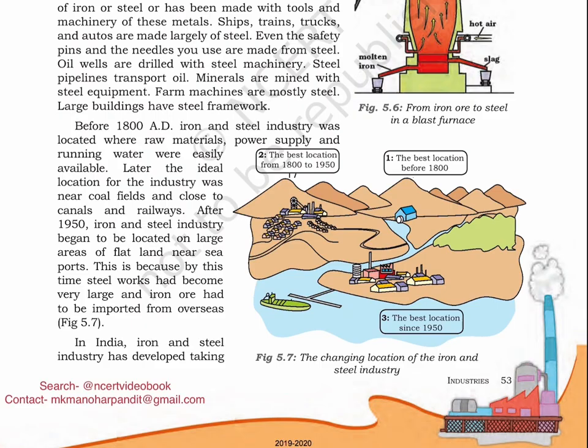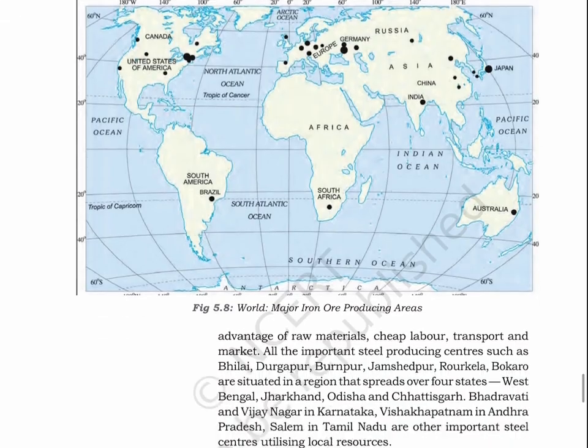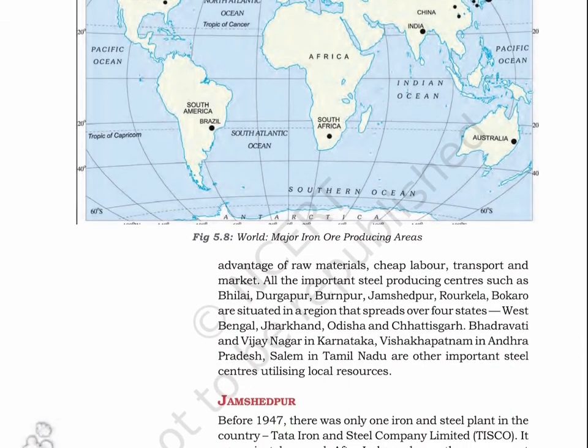In India, the iron and steel industry has developed, taking advantage of raw materials, cheap labor, transport, and market. All the important steel producing centers such as Bhilai, Durgapur, Burnpur, Jamshedpur, Rourkela, and Bokaro are situated in a region that spreads over 4 states: West Bengal, Jharkhand, Odisha, and Chhattisgarh.